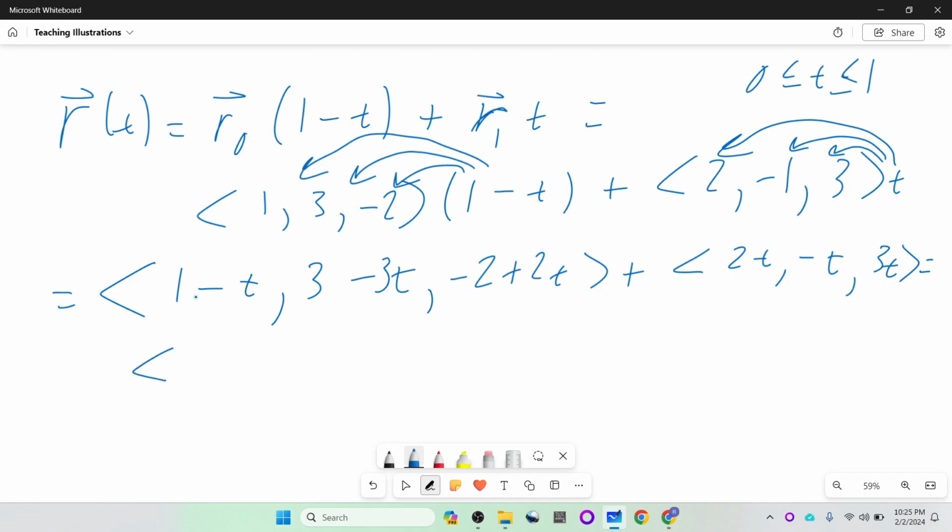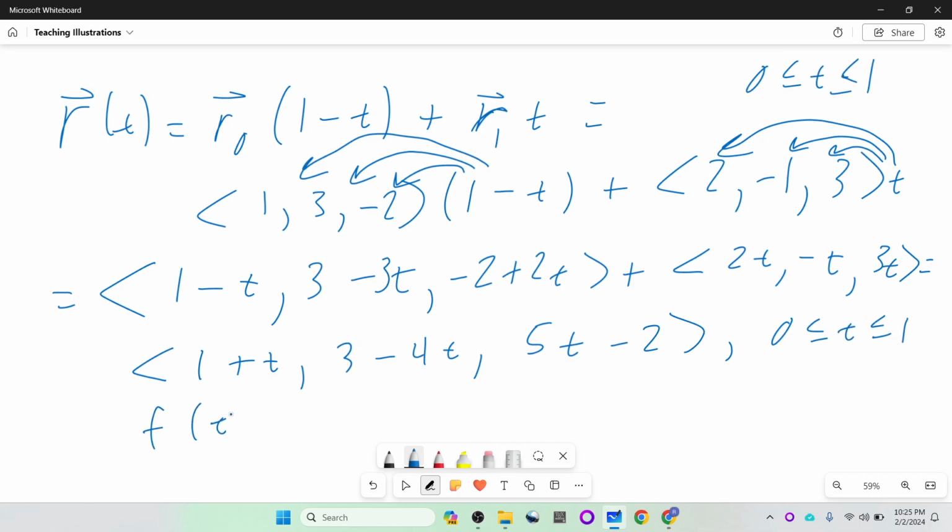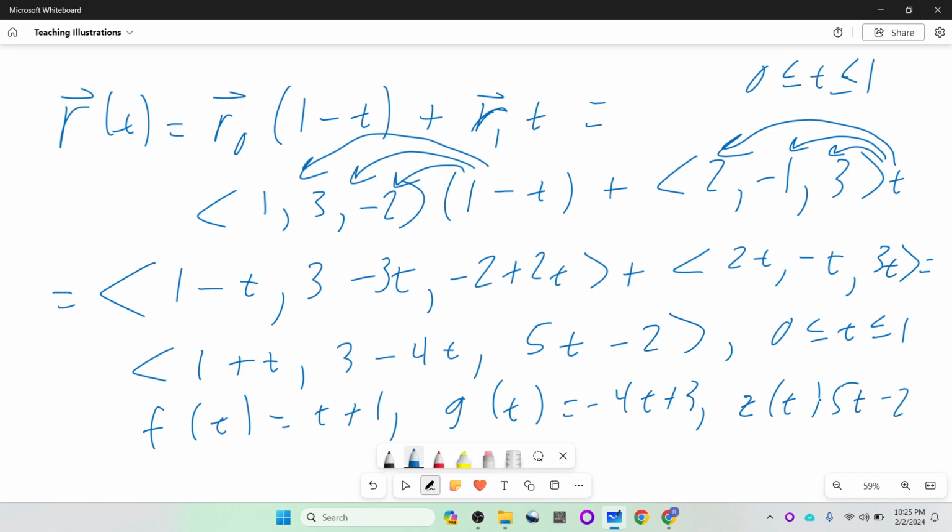That gives us 1 minus t plus 2t, that's 1 plus t, 3 minus 4t, and 5t minus 2. You can write it as negative 2 plus 5t, where t is between 0 and 1. So that's the vector function. If I ask you what is the f, f is t plus 1, or 1 plus t. g is negative 4t plus 3. And z is 5t minus 2.